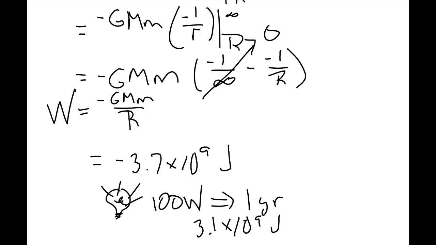So really, it's not that far off when you think about it. For how far we'd have to go to escape Earth's gravitational hold, that's really not that much work, or not that much energy that we need. So it's kind of cool. You can take this idea and translate it to other problems that you have with varying work.